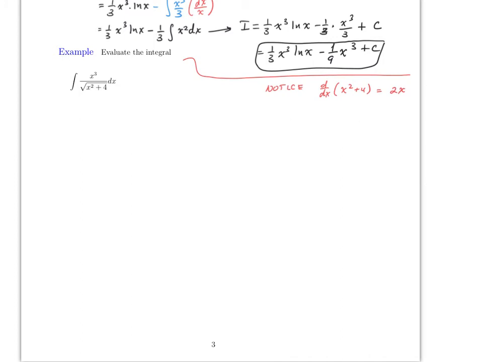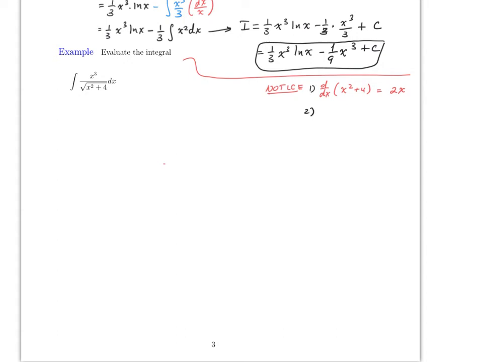Okay, why is that important? Because you need to have an x somewhere. Also notice that you take the derivative of x cubed, yeah, you get x squared, but you have the radical, and that's going to make life pretty difficult. So instead, we're going to rearrange it this way before we do the u dv. So that's the first thing to notice. That would be number 1, I guess.